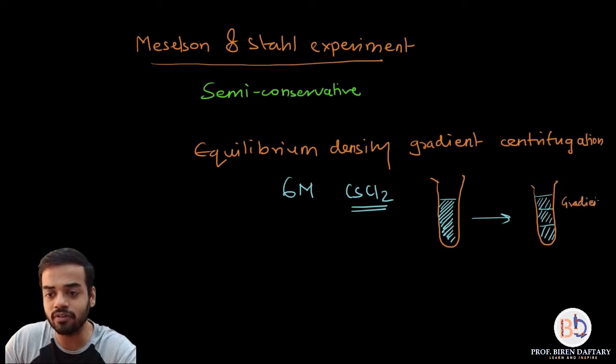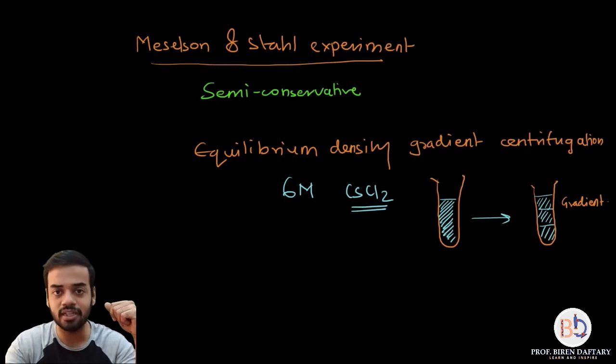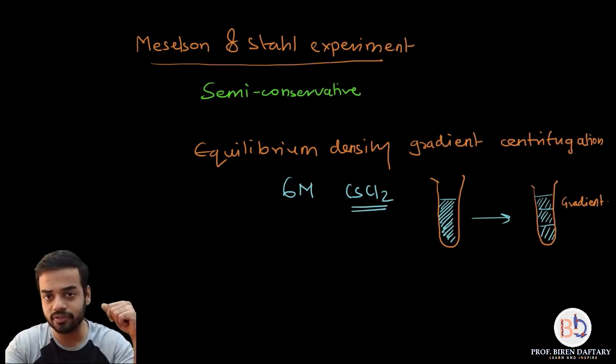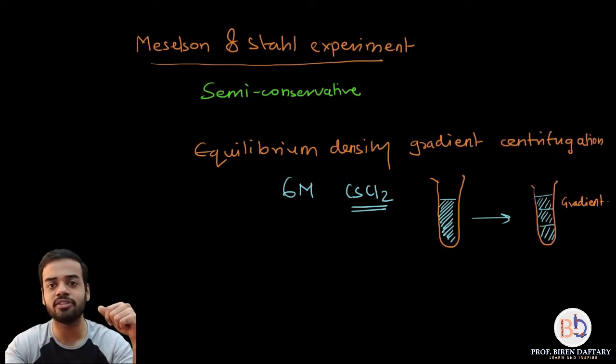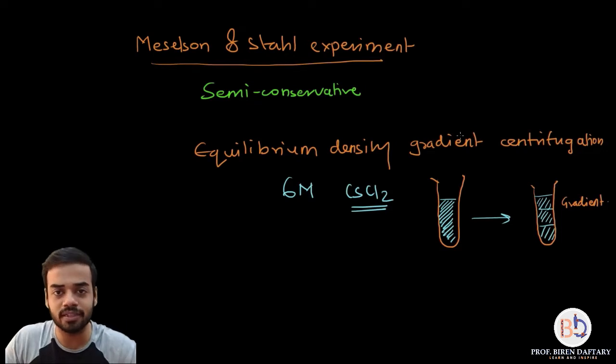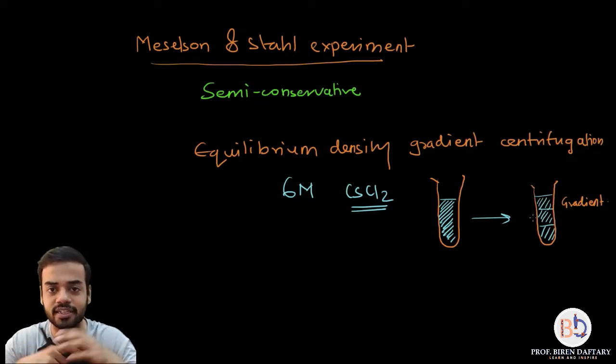Now, in DNA related studies, you can put DNA into this mixture of cesium chloride. You take cesium chloride in a centrifuge tube, you add DNA to it, you allow that mixture to get centrifuged, and the DNA will become stable in one of these 3 layers depending on what the density of the DNA is.